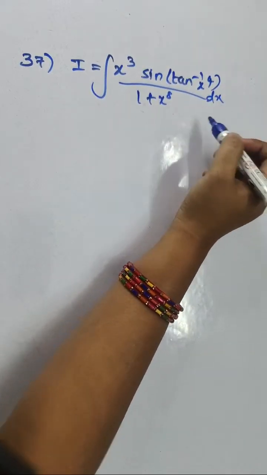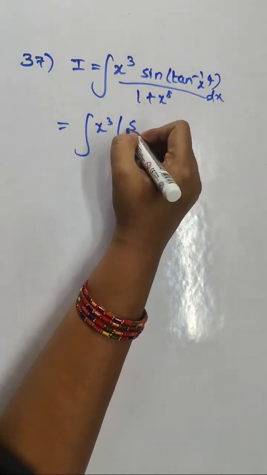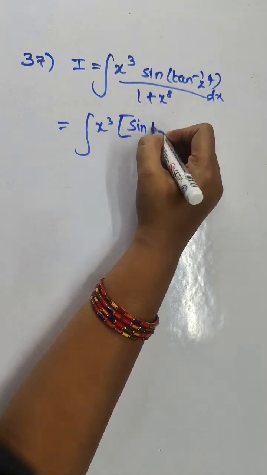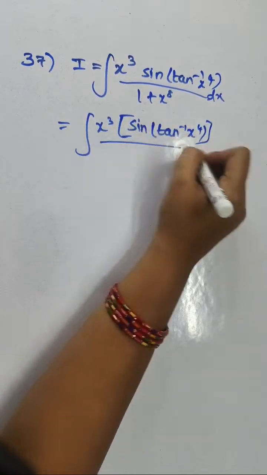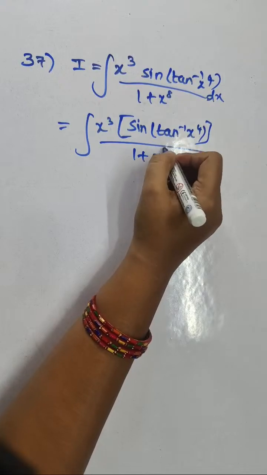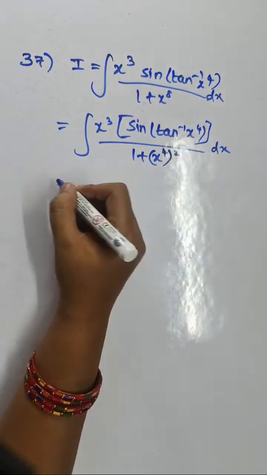I am rearranging this, x power 8 as x power 4 the whole square dx.